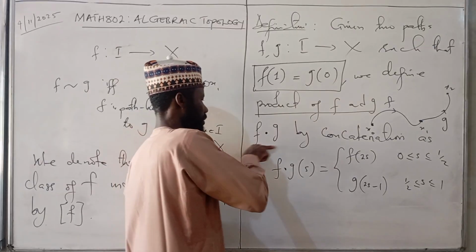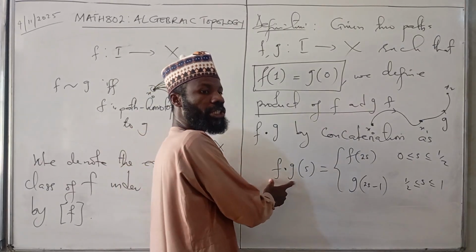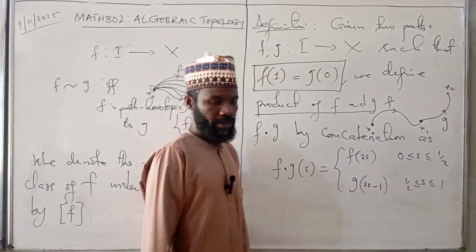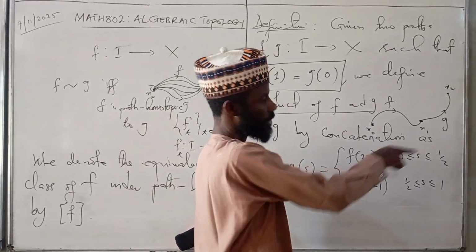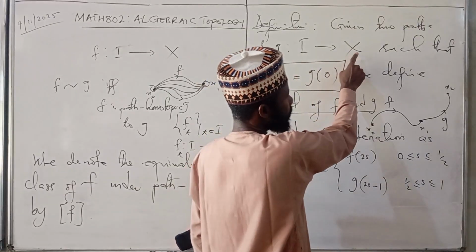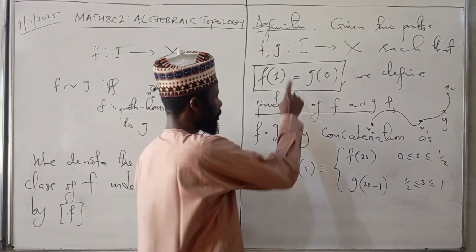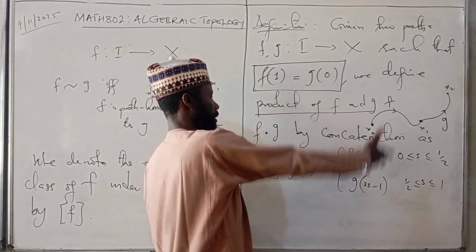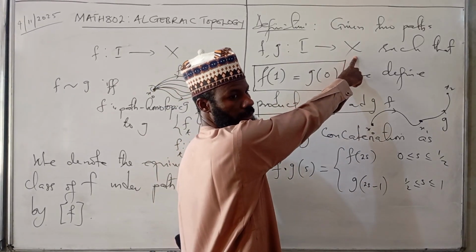So actually the product is also a function from the interval I into the space, because these values are inside the space, since f and g map from I to the space. So the domain of the definition is the interval I, and the codomain is X.